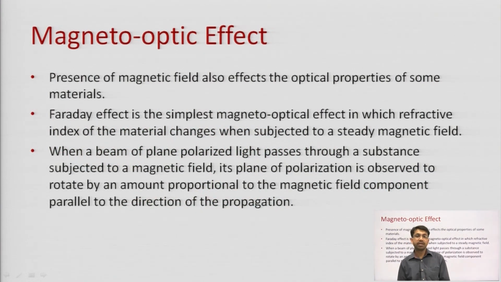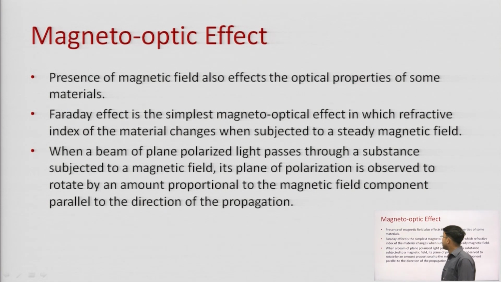Next is the magneto-optic effect. So, if we apply a magnetic field across this optically active crystal, then also its refractive index is affected, and the angle of rotation depends on the applied magnetic field.